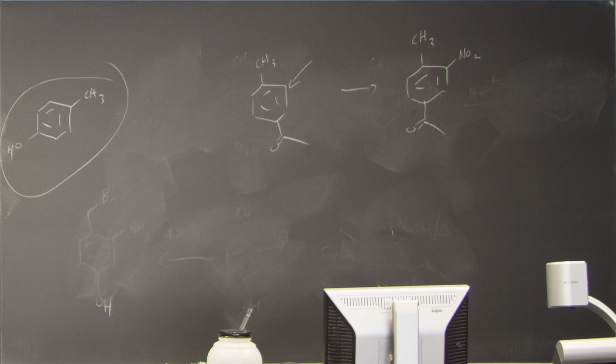This is cheap. I can probably go in our stockroom and find a gallon of that stuff, paratoluol alcohol. So, is there a way I can do it from there? I can't really modify the electronics of that O once it's already attached to the ring.